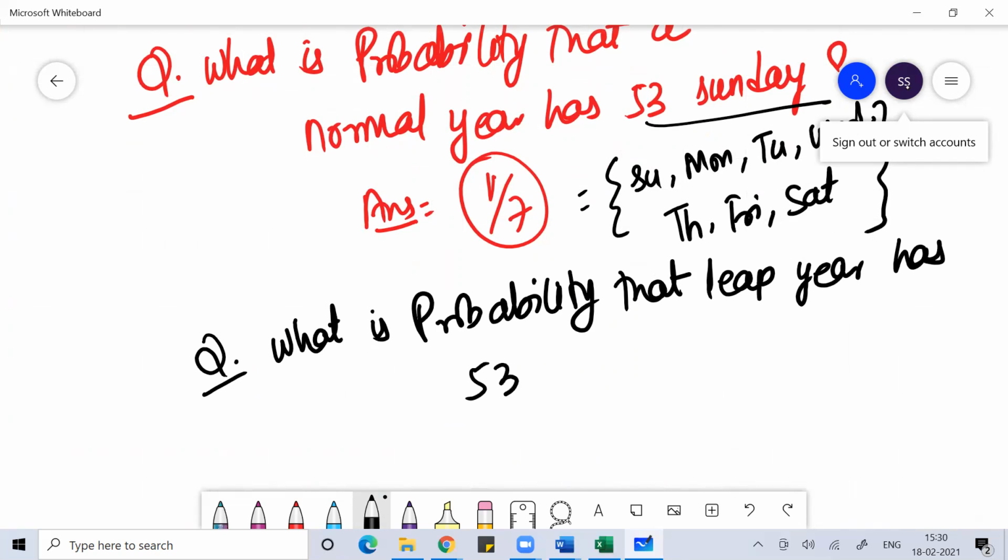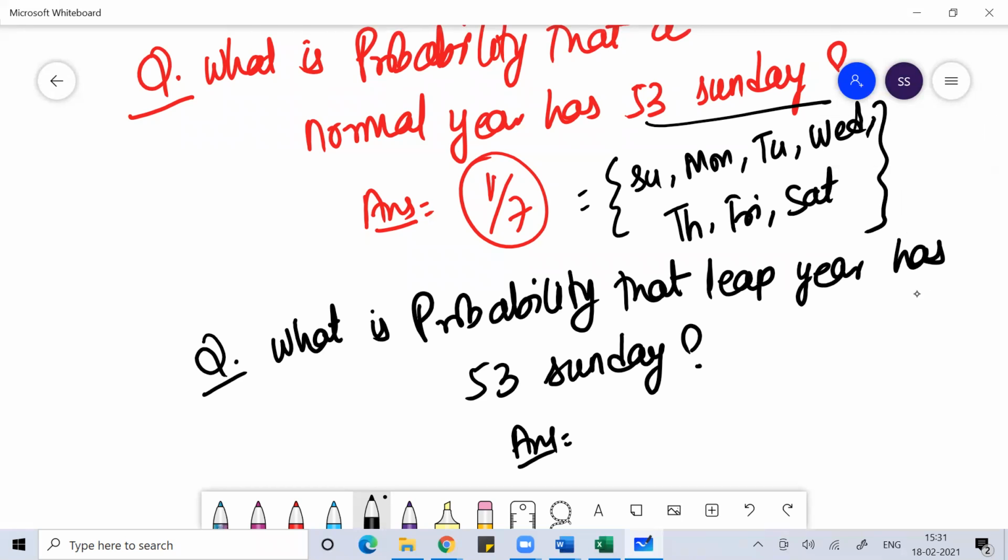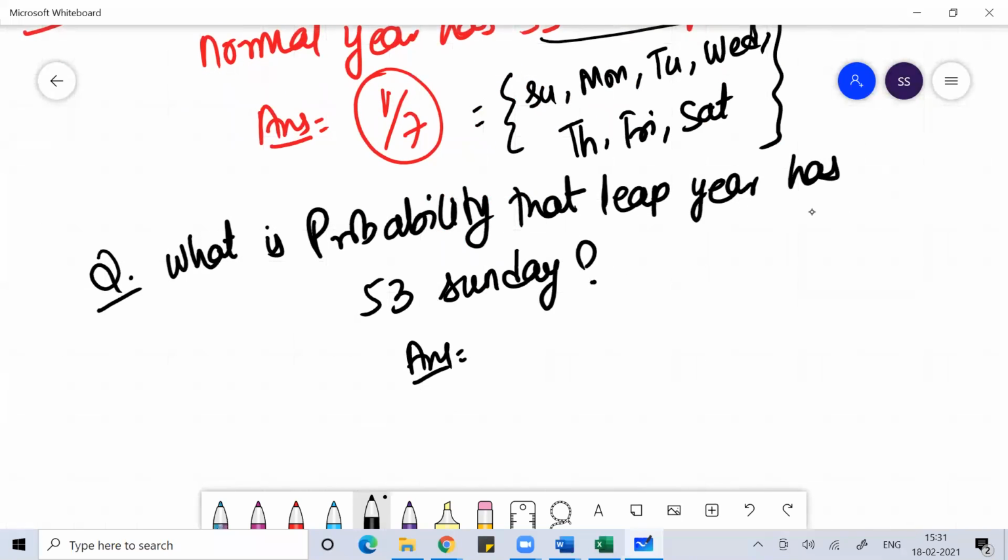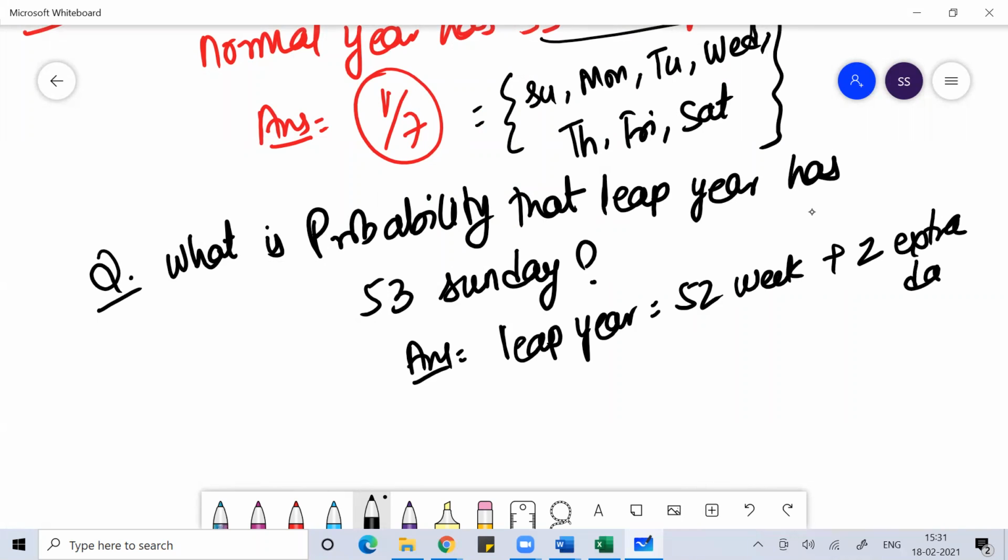In the case of a leap year, you have 2 extra days. When we say leap year, it basically means 52 weeks plus 2 extra days.